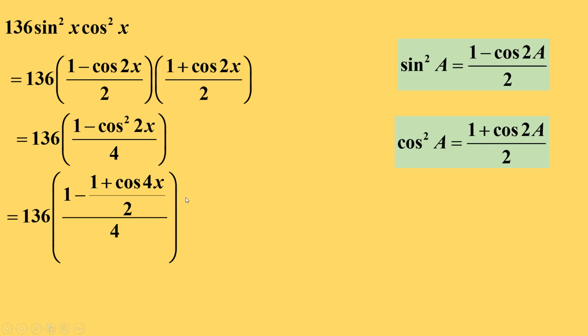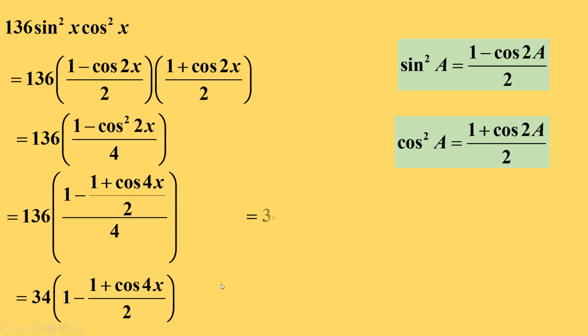And then, a couple of things we could have done. I could have multiplied top and bottom by 2 to get rid of this complex fraction. But instead, I decided to go ahead and reduce the 136 over 4. That reduces the fraction for us as well. And so we get 34 times what we have here in our numerator, 1 minus 1 plus cosine 4x over 2.